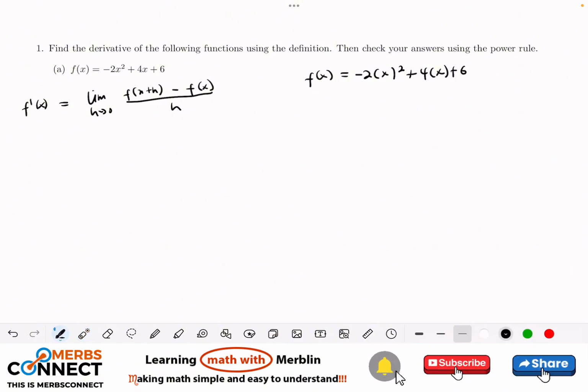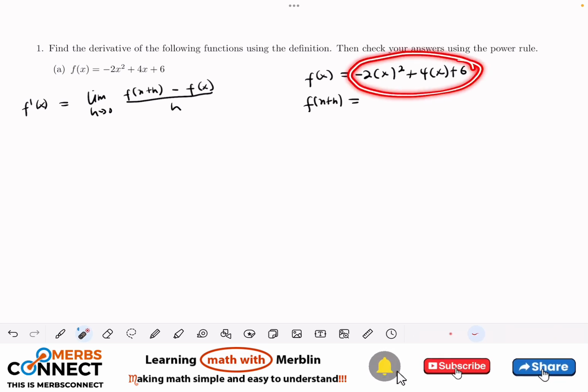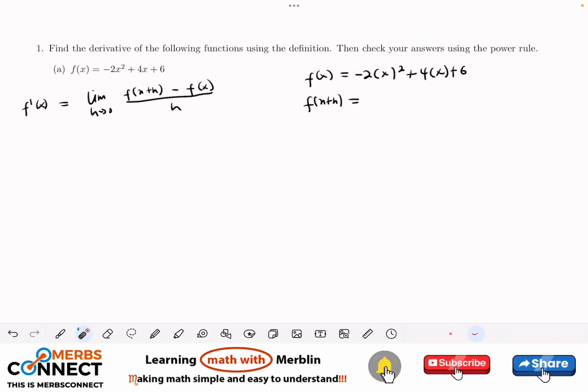So see what I'm going to do. f of x plus h is equal to the same thing rewritten, but what changes? I have x here in the parentheses. So if I have x plus h instead, then this one should be x plus h, and this one too should be x plus h. So I'm going to have minus 2 times (x plus h) squared plus 4 times (x plus h) plus 6.